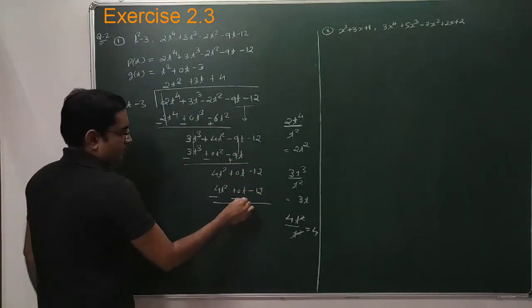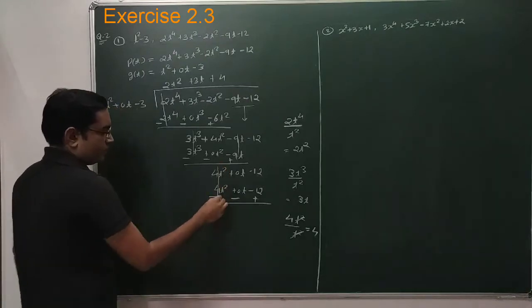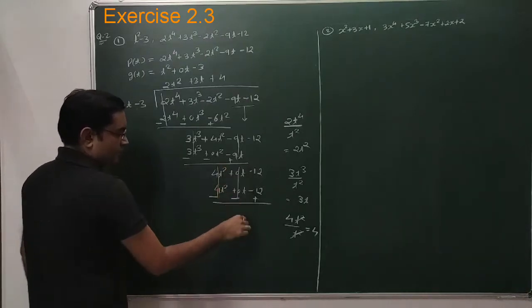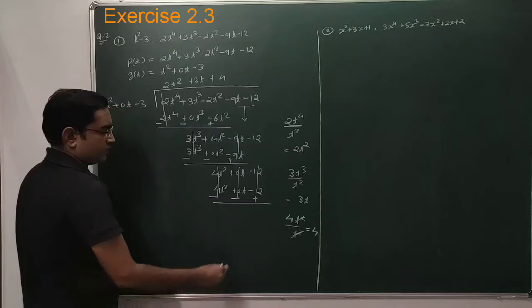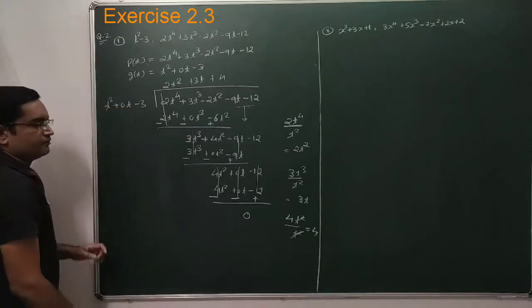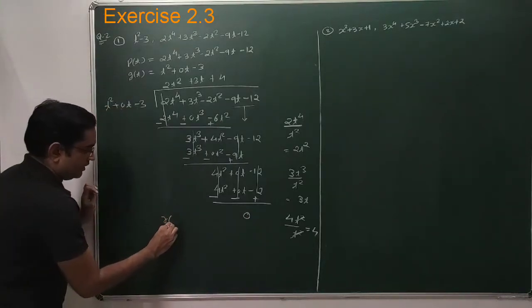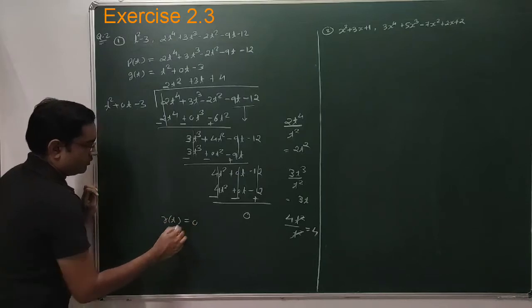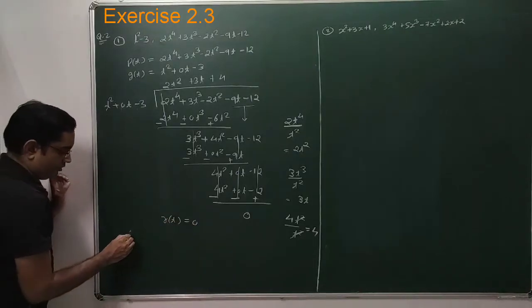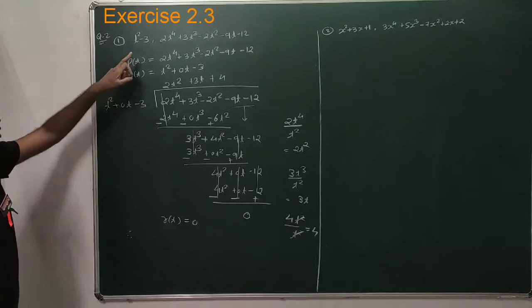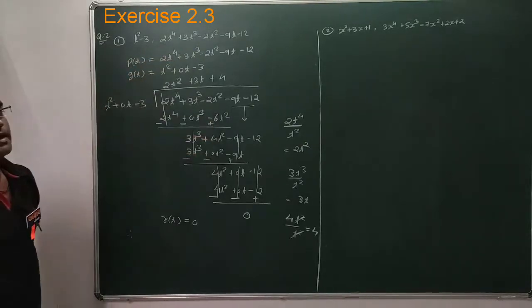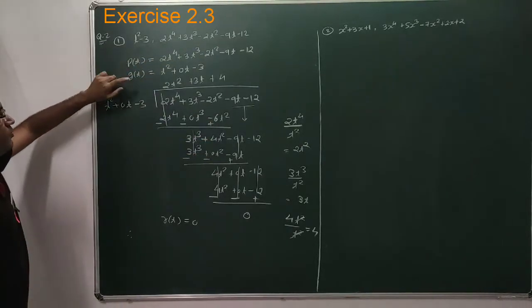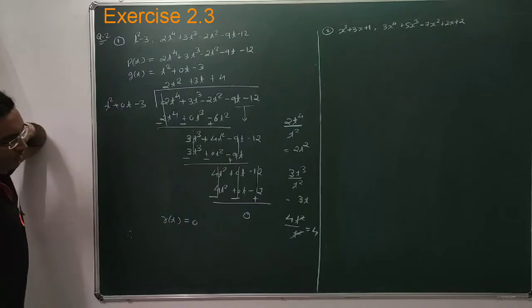Change the sign, minus minus plus. This is equal term with different sign. Here to 0 here. Again equal term with different sign. So remainder is 0. So here remainder r of t is equal to 0, and therefore what we can write? First polynomial is the factor of second polynomial. First polynomial is g of t. The second polynomial is p of t.